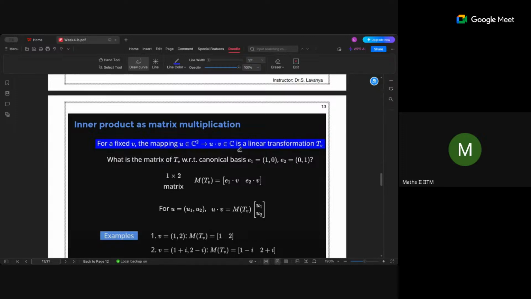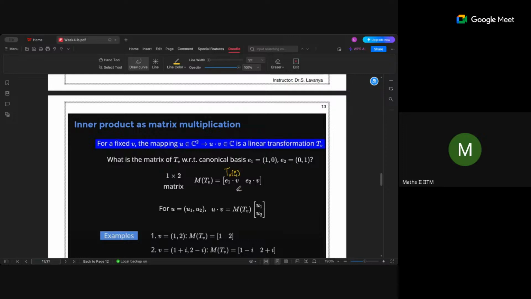What is the matrix of TW with respect to the canonical basis? So this is your TV. Now M of TV is given by TV of E1 and TV of E2.